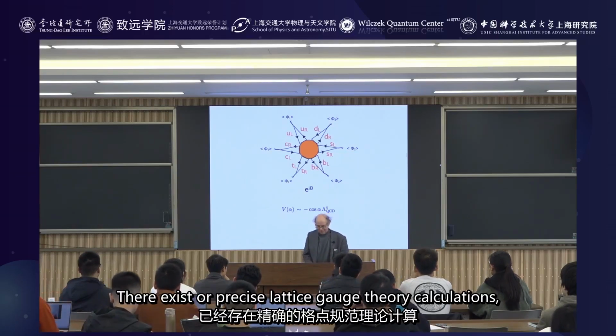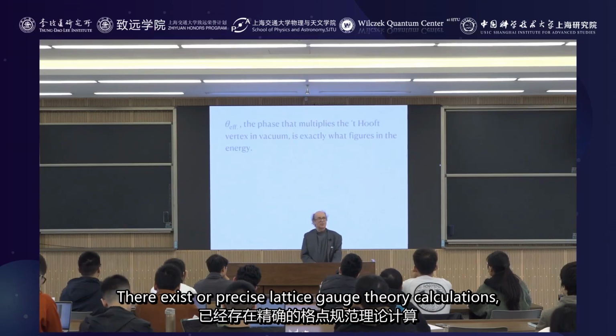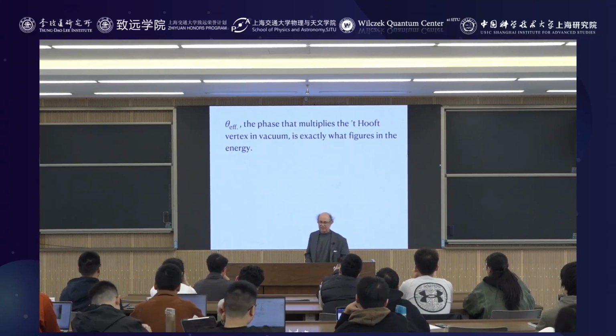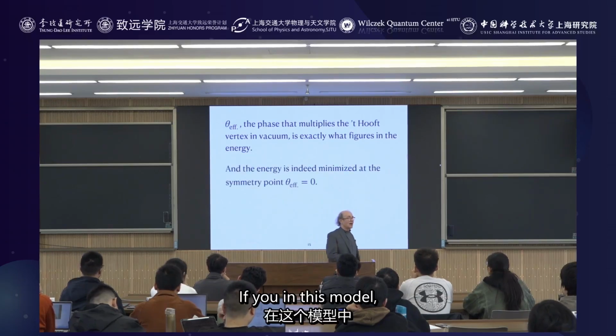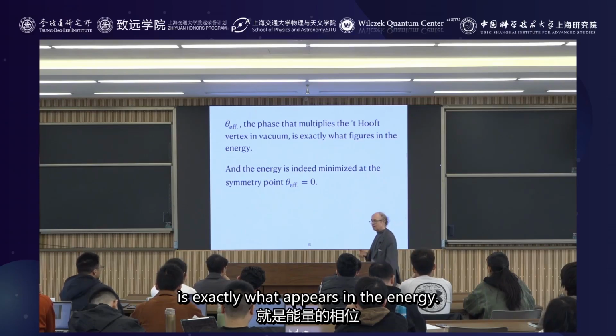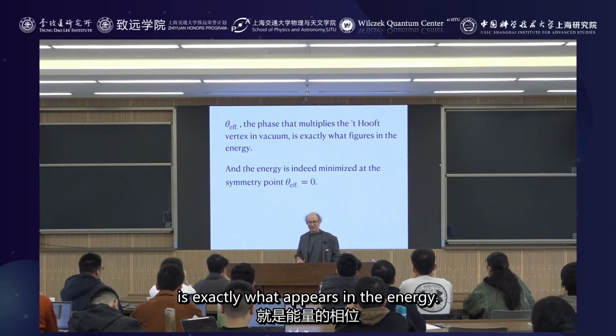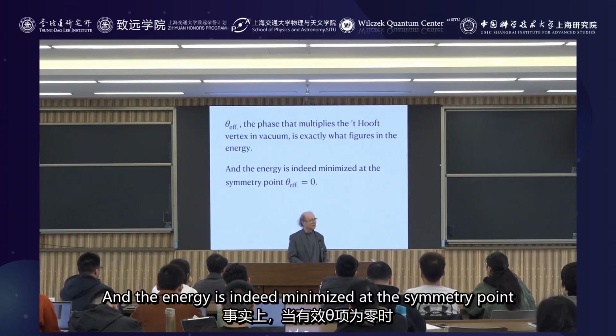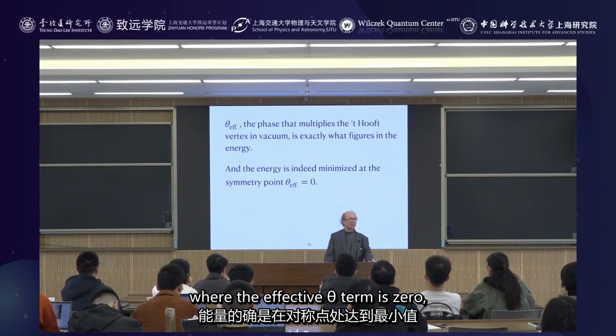And there exist more precise lattice gauge theory calculations, which we'll allude to, that bear this out. So in this model then, the phase that multiplies the 't Hooft vertex in vacuum is exactly what appears in the energy. And the energy is indeed minimized at the symmetry point where the effective theta term is 0.